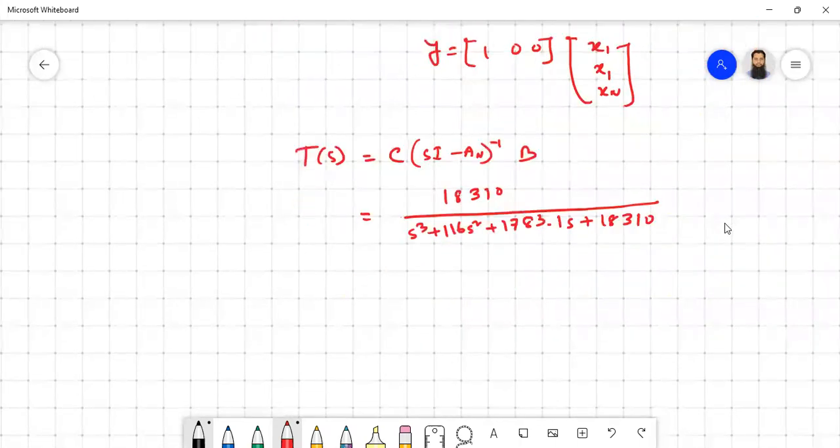Once you have done that, you can also go for your error calculation, as they are asking for, even though you know that the error has to be 0.